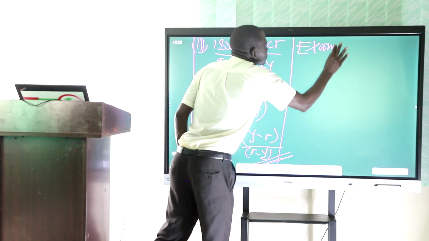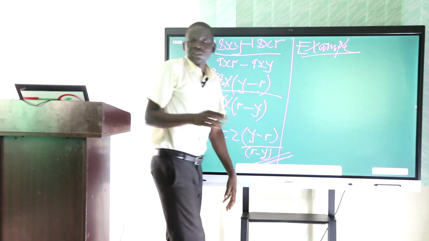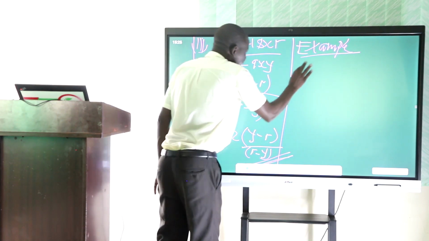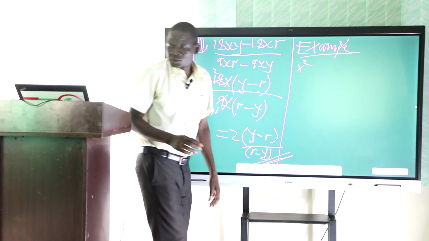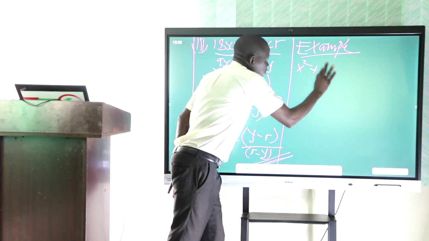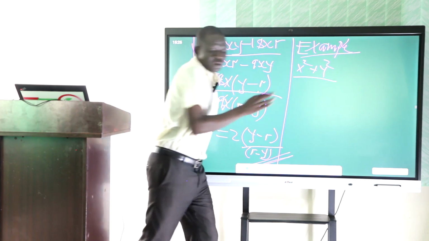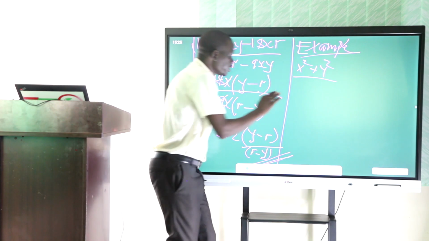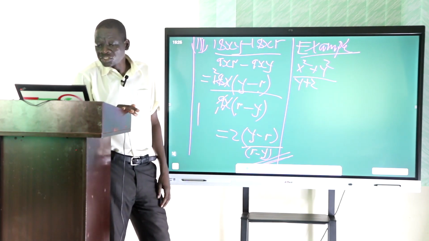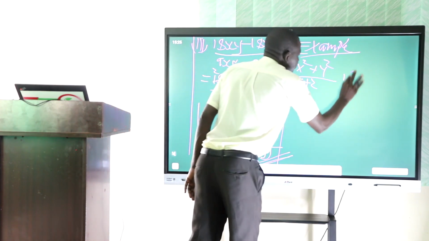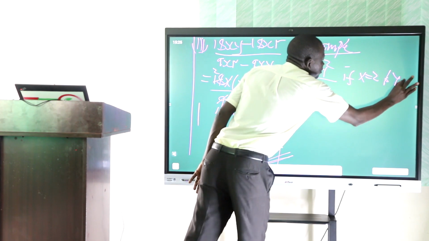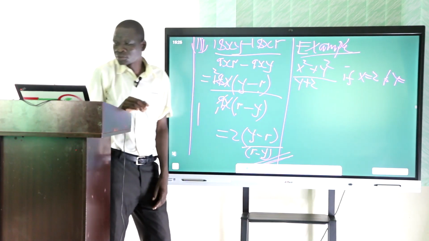Example, there is a question which says, evaluate the expression x squared plus y squared all over y plus 2, if x is equal to 2 and y is equal to 1.